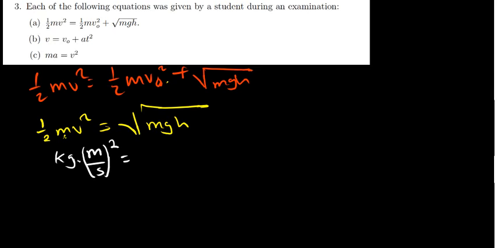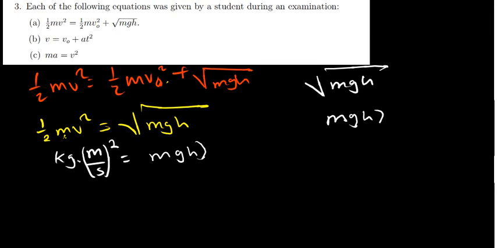Then you remember yesterday we said that mgh is the same as m g h, then I put in the brackets, I put to the power half. We agreed yesterday, remember? So then mass is going to be kg, and g is the acceleration due to gravity, which is meters per second squared, right?